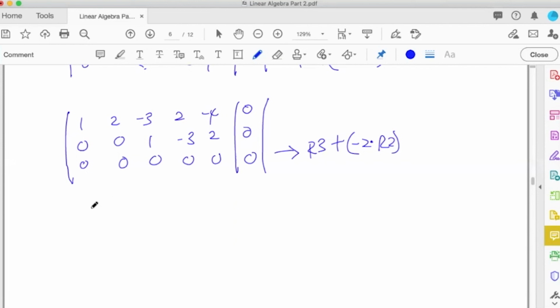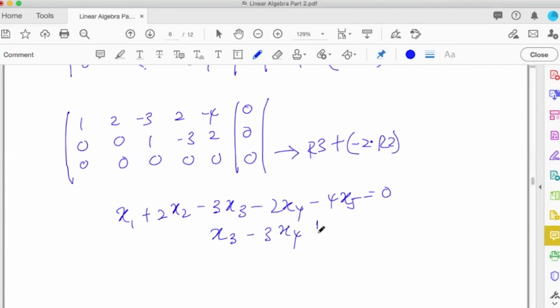The next step, we convert back into linear equations, and it will become like this. So we have two equations.